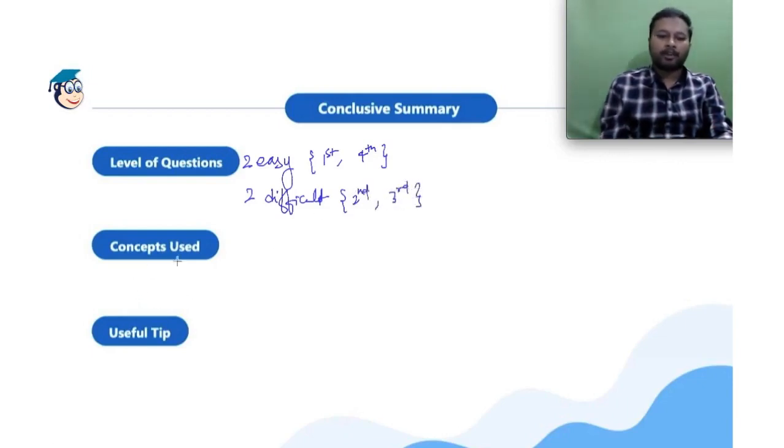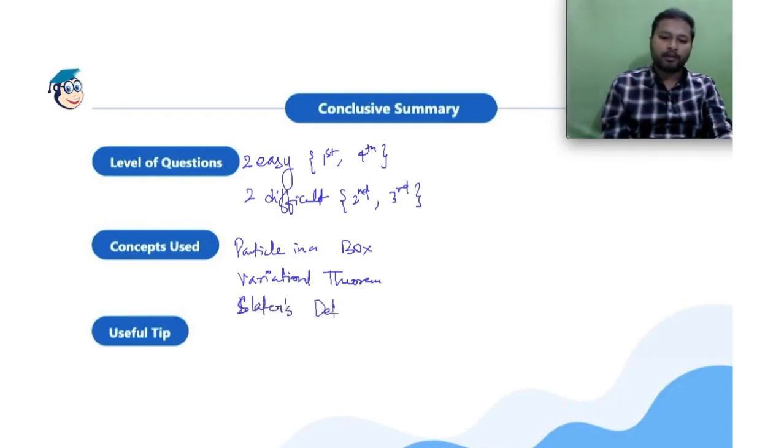Now the concept used in the first question was particle in a box. In the second question, if I remember, it was the variational theorem. In the third question which we discussed, what was used? Yeah, they have used Slater's determinant.